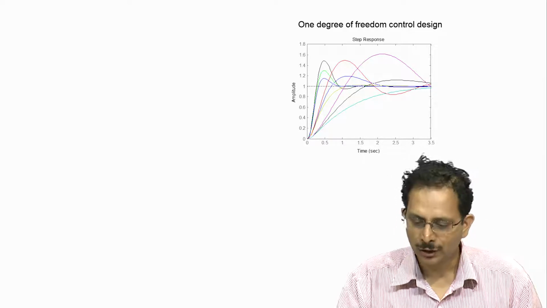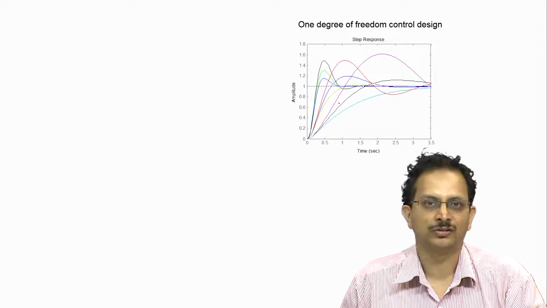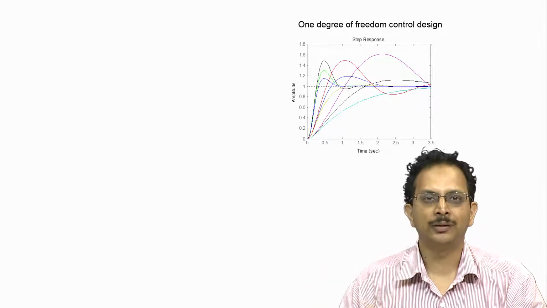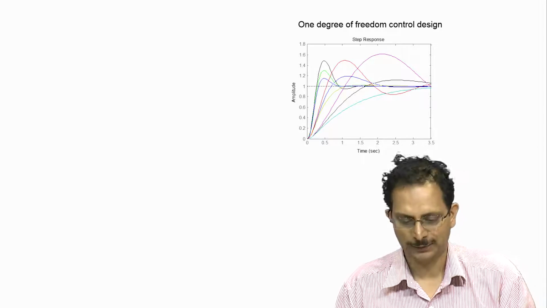As a consequence, what we see here is this huge spread in the transient response of the closed loop system to a step input for different possible values of the gain of the plant and its pole location.